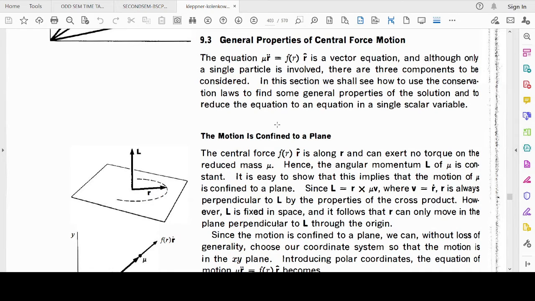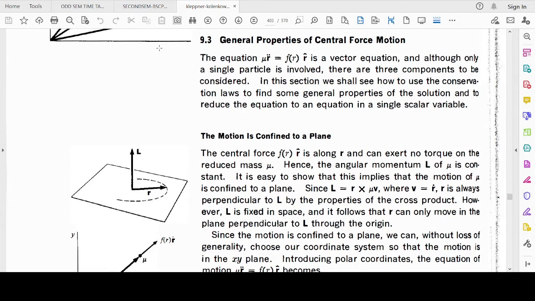Therefore, the angular momentum of the reduced mass is constant. So that means if the angular momentum of a body is constant, then the motion of that body is confined to a plane.